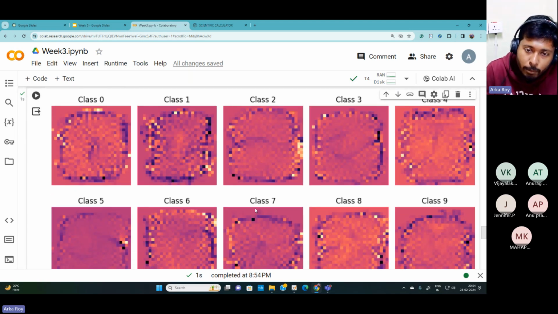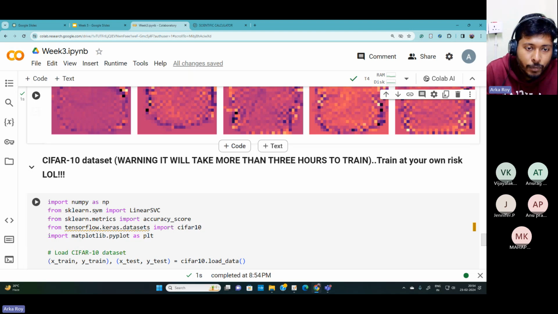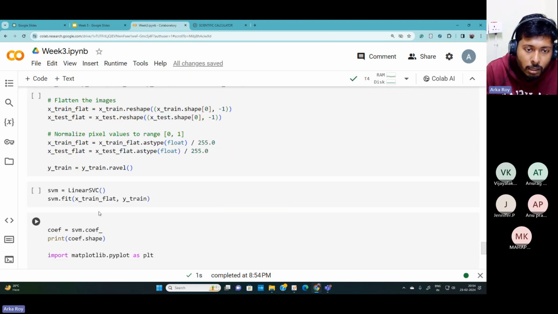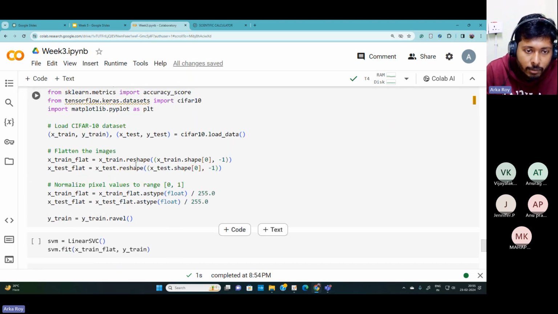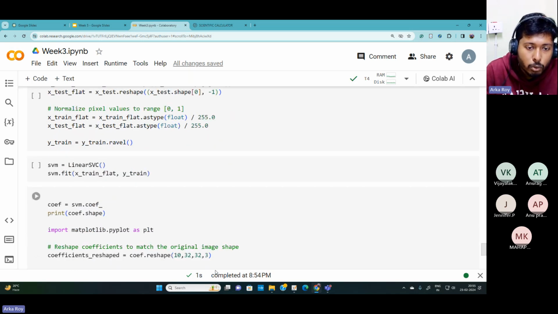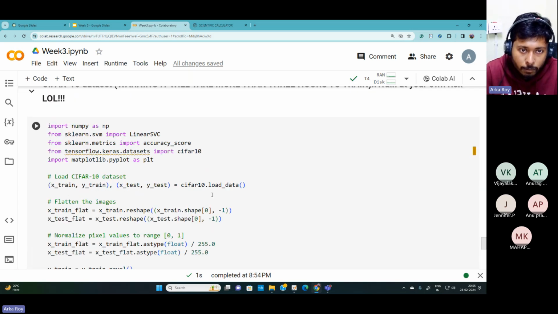You can do the same for the CIFAR-10 dataset. I have written the code, and you can train the SVM on the CIFAR-10 dataset and unravel the weight coefficients, and you will see a template of bird for the bird class, a template of frog for the frog class, like in the week 3 lecture. You can generate those images by yourself using this code.